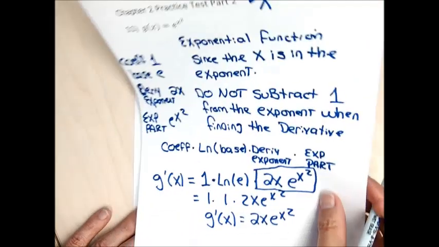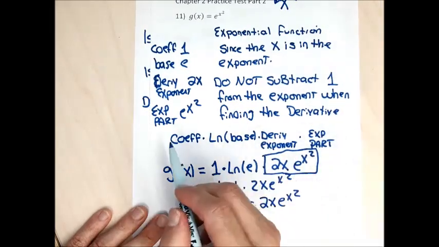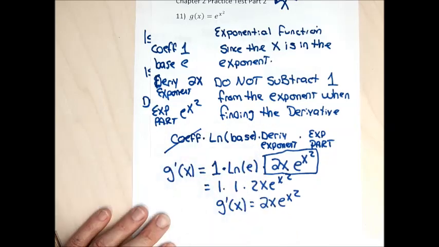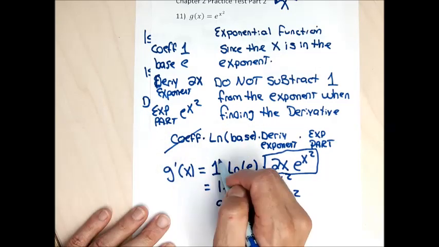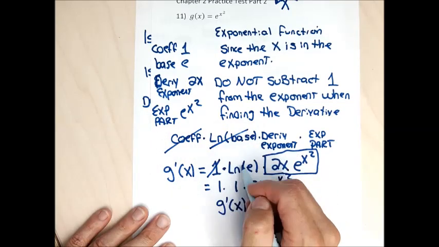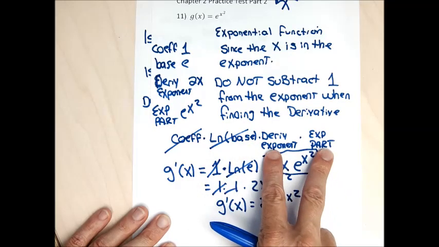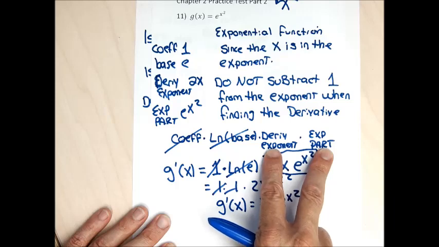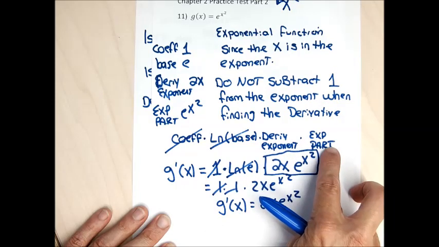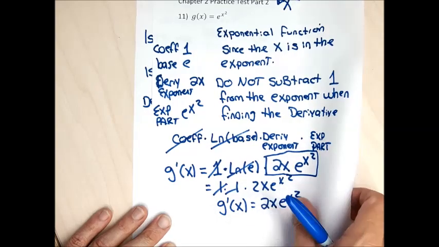So when I go to do this derivative for the e part, the coefficient is 1, so I don't need to write it. The base is e, and the natural log of the base is equal to 1. I don't need to write it. So when I go to do the derivative of that e part, the second factor, I'm just going to take the derivative of the exponent times the exponential function itself, and I don't subtract 1 from the exponent.